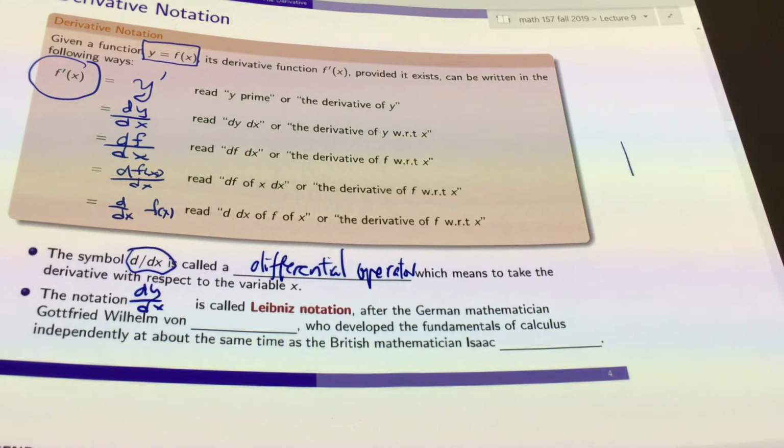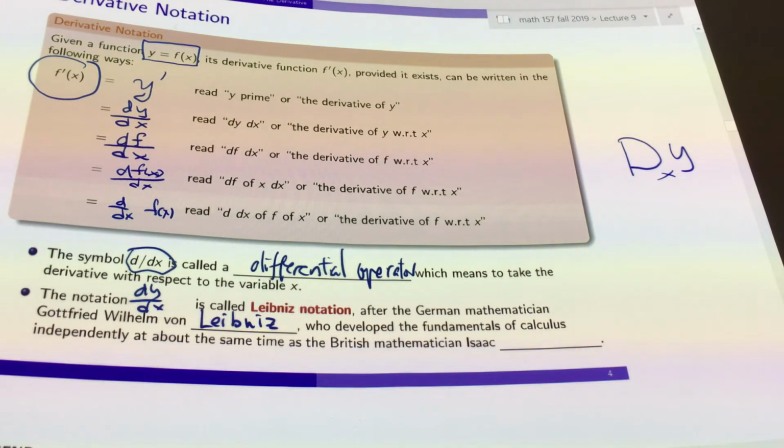Newton notation is actually a capital D, like this. This is the old Newton notation we seldom use because it has some disadvantages.